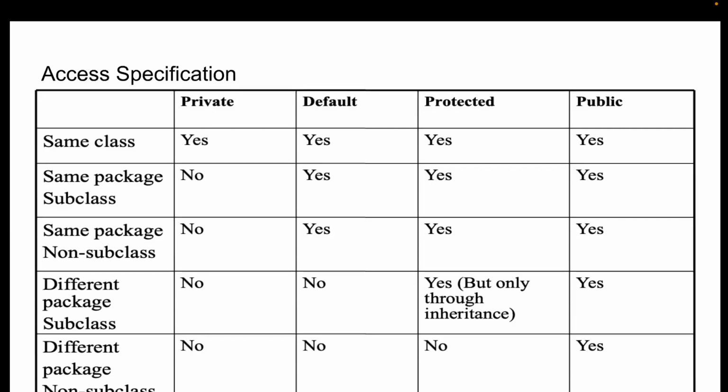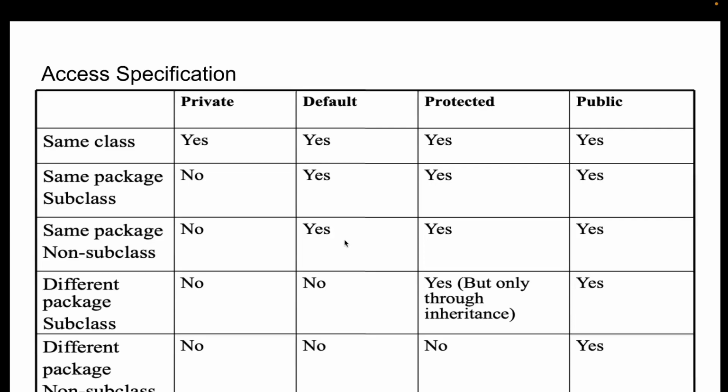Similarly, in the same package, if you have a child class, your child class can also inherit those variables and methods. And there is another class which is not a child class but is within the same package, and that can also use your default methods and variables.